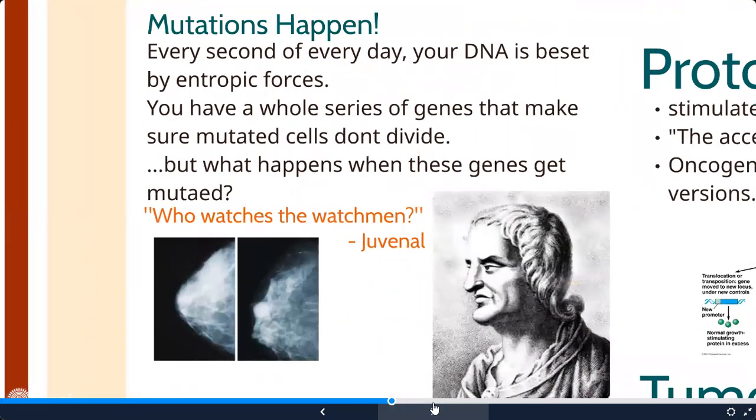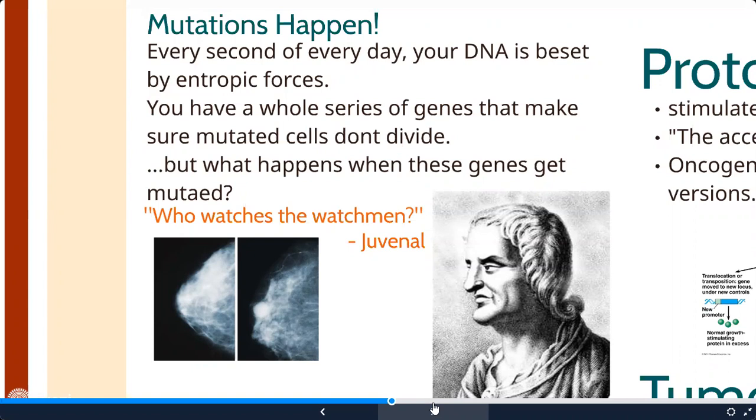So first off, mutations happen. When DNA replicates in a cell, whether it's prokaryotes or eukaryotes, all organisms will pick up mutations. It's just at random, like the wrong nucleotide will get substituted. However, we do have enzymes that check for those and usually make corrections, but on occasion there are some errors.